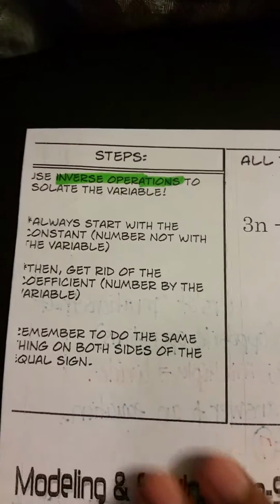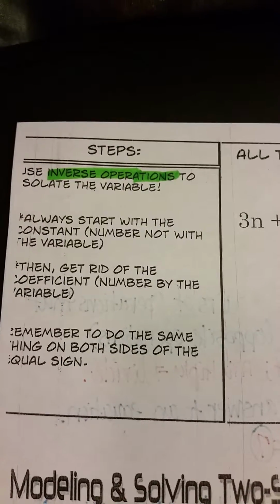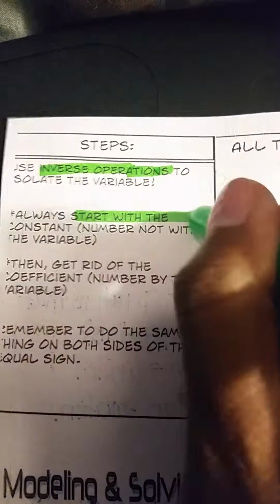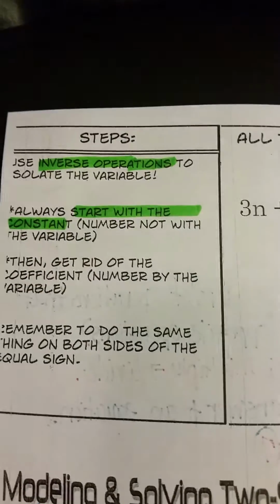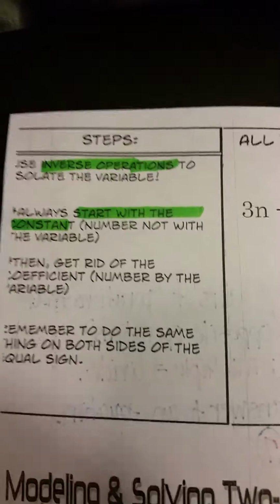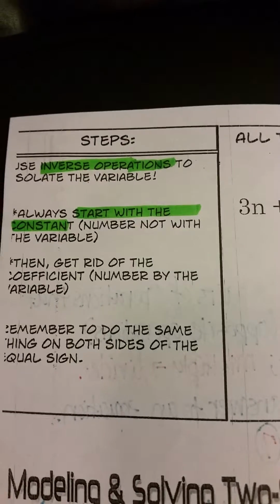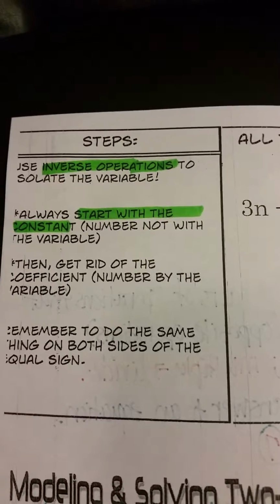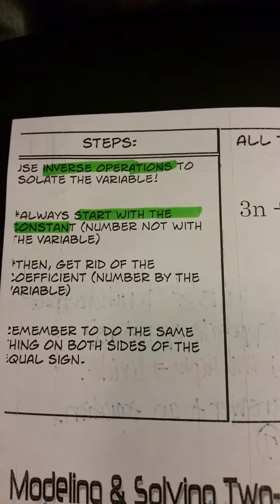Okay. Our second step is to always start with the constant. Always start with the constant. That's the number that's not with the variable. Okay. Third step is then get rid of the coefficient. That's the number by the variable.